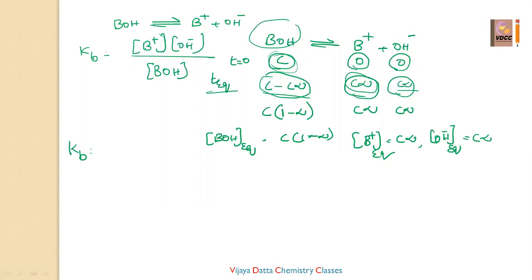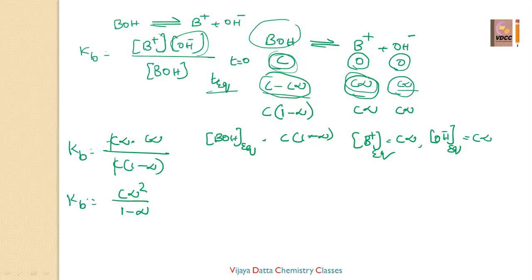Now we can write the base dissociation constant Kb. It is C alpha for B plus, C alpha for OH minus, and the concentration of BOH is C into 1 minus alpha. We can cancel one of the concentration terms, so C alpha square by 1 minus alpha is the formula for Kb.